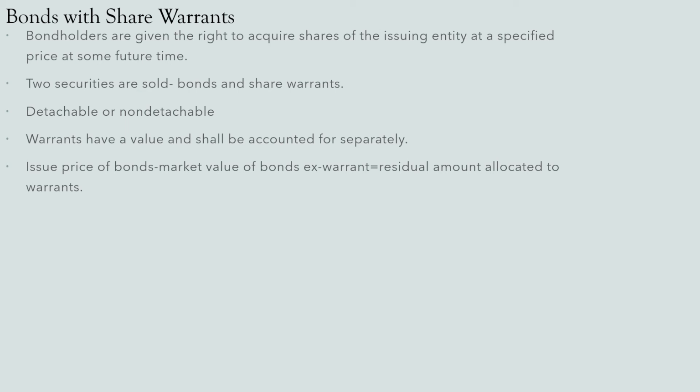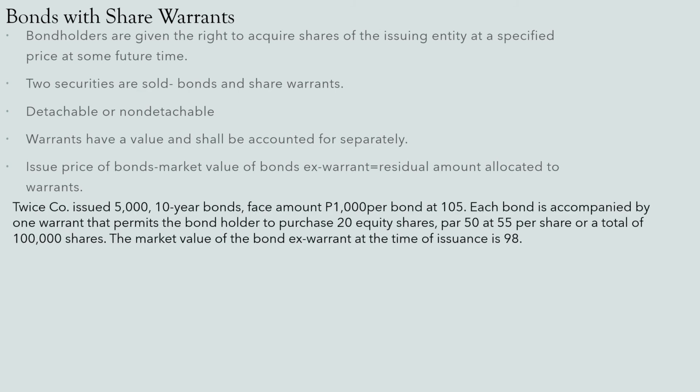Let's try na compute tong problem na to. Twice Co. issued 5,000 10-year bonds, face amount 1,000 pesos per bond, at 105. Each bond is accompanied by one warrant that permits the bondholder to purchase 20 equity shares, par 50, at 55 per share, or a total of 100,000 shares.